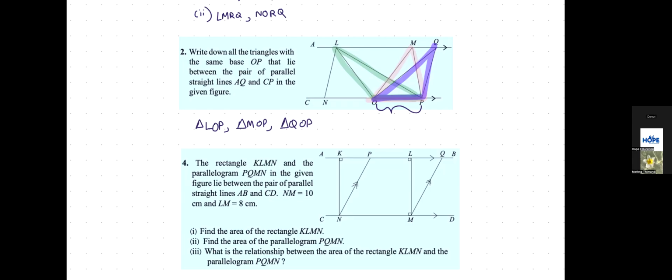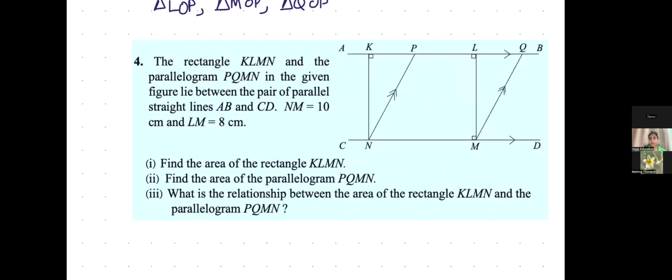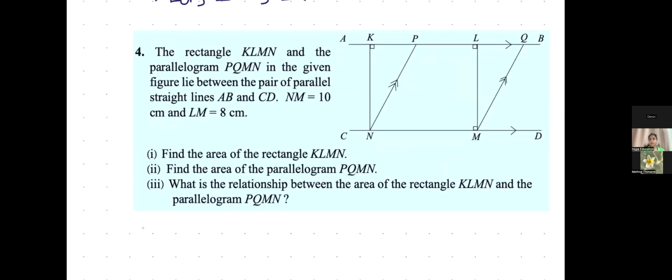Okay, Naman. So, did you all get the answer? What is the area of the rectangle KLMN? Quickly tell me. Okay, Mitna, what did you get? Yes.